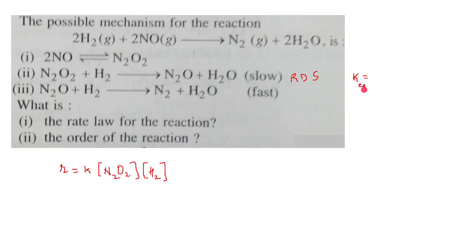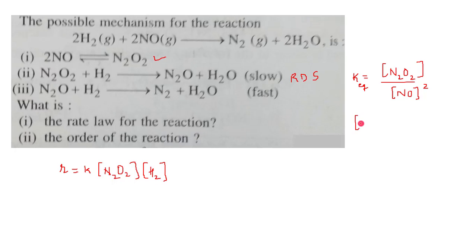So K equilibrium is equal to the molar concentration of N2O2 divided by the molar concentration of NO raised to 2. From this reaction, right? Now you are going to find out how the molar concentration of N2O2 is related to the equilibrium constant and NO.